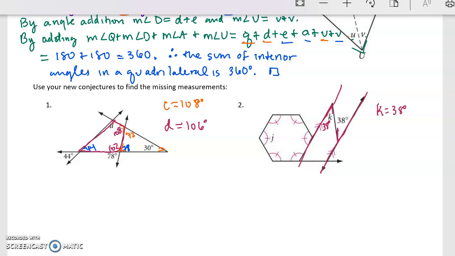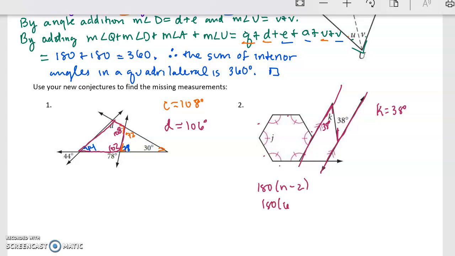Now, I'm noticing that I have a regular polygon here because all the angle measures are marked congruent. And I'm noticing, too, that it is a 1, 2, 3, 4, 5, 6 hexagon. So for a hexagon, to find the total number of degrees, I'm going to use 180 times n minus 2.